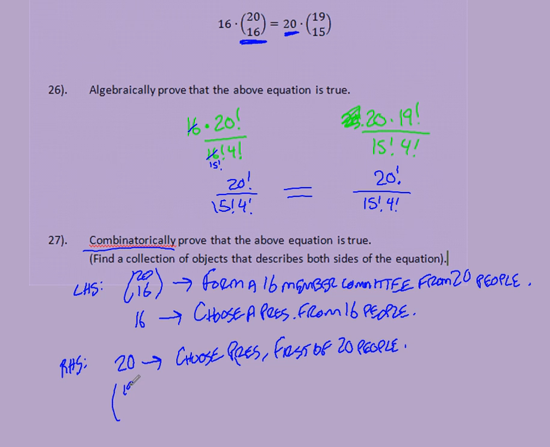Now the 19 choose 15, well, that's one less person because we've already put the president on the committee. We need to now choose 15 more to fill the committee from the 19 remaining candidates.